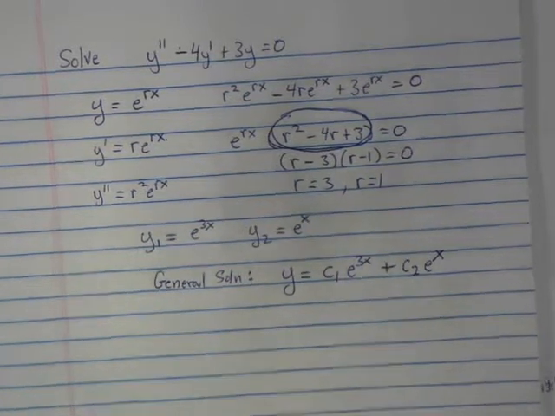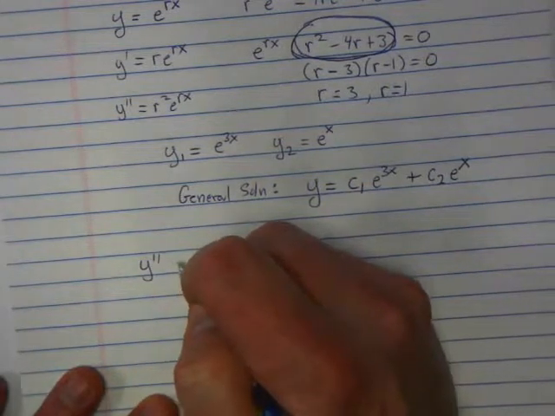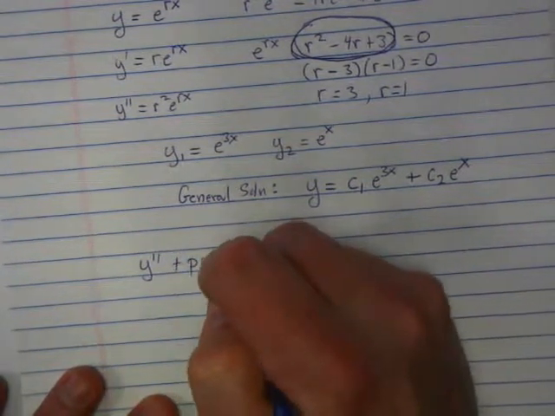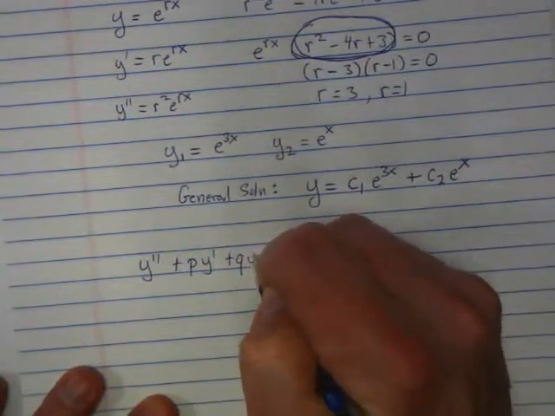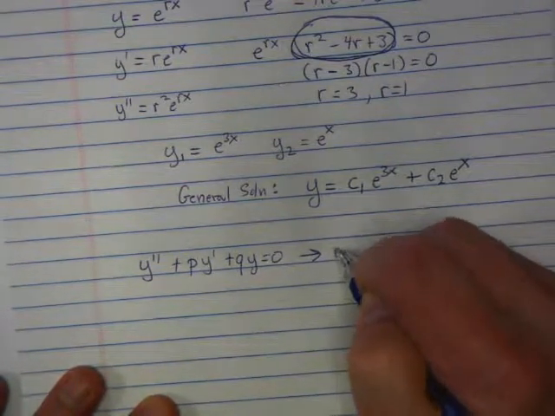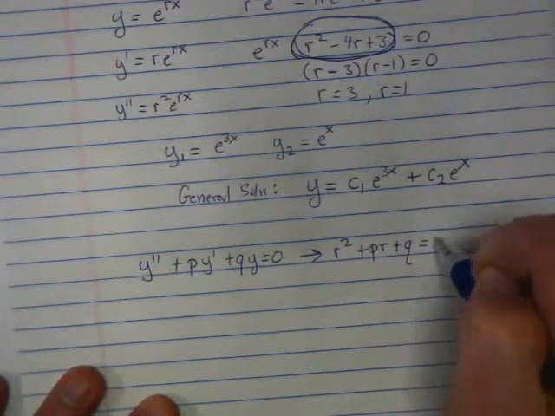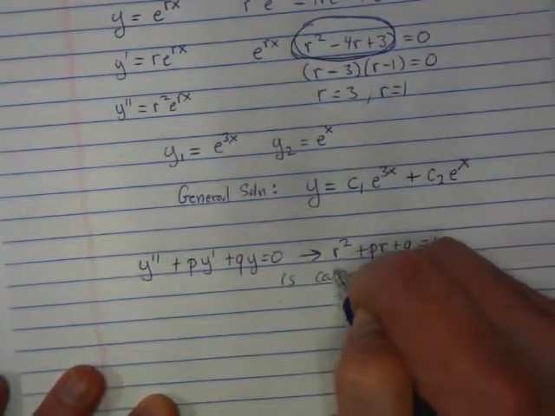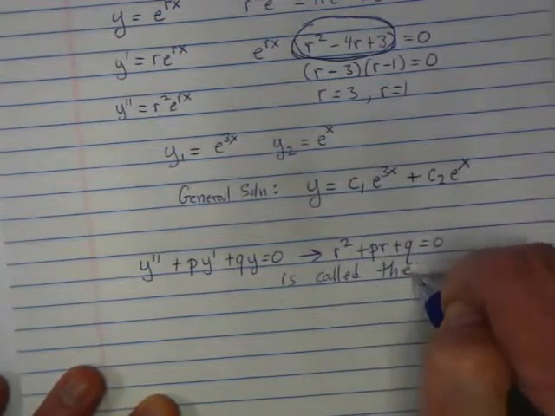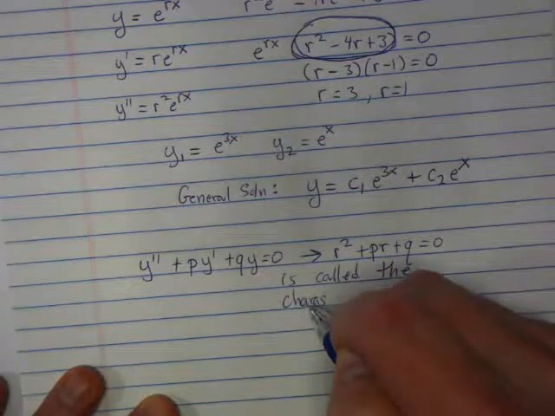All right, so this is called the characteristic equation. So if you have y double prime plus py prime plus qy equals 0, r squared plus pr plus q equals 0 is called the characteristic equation.